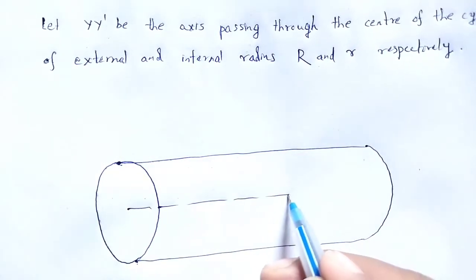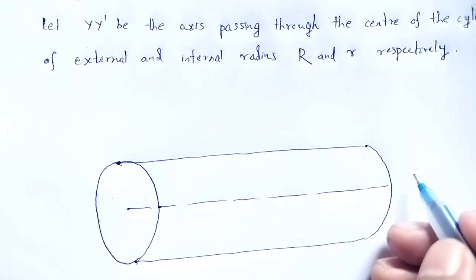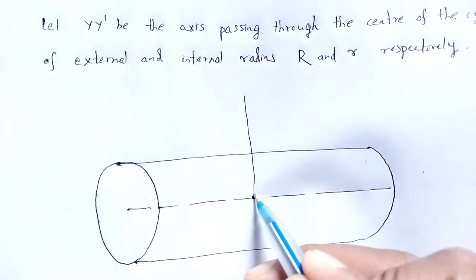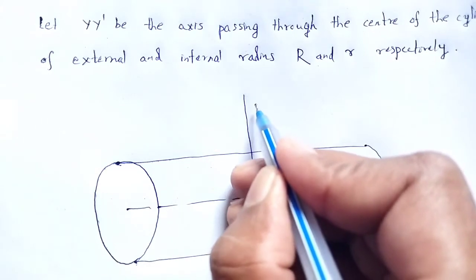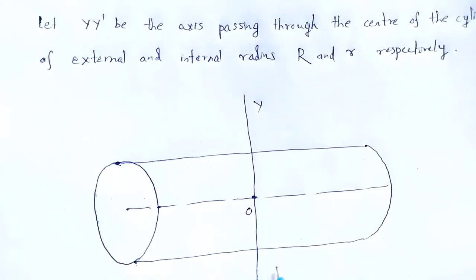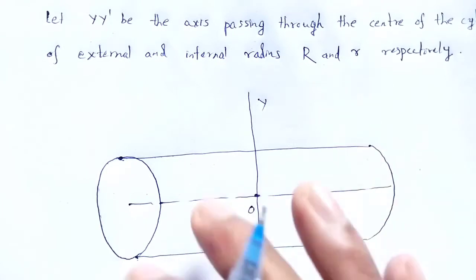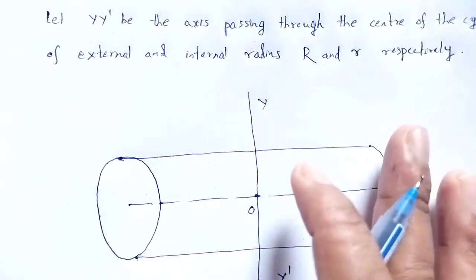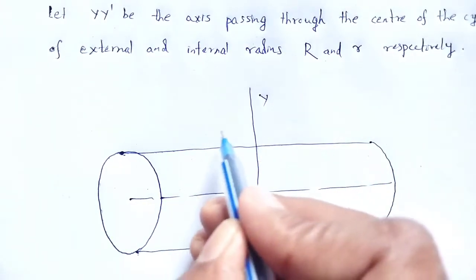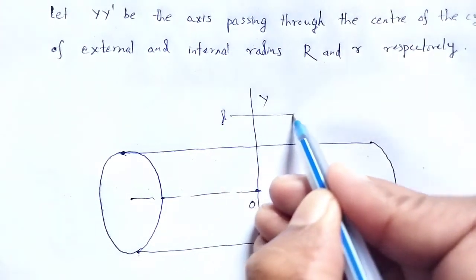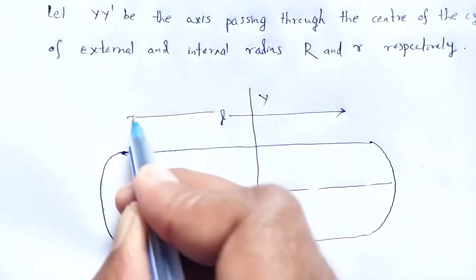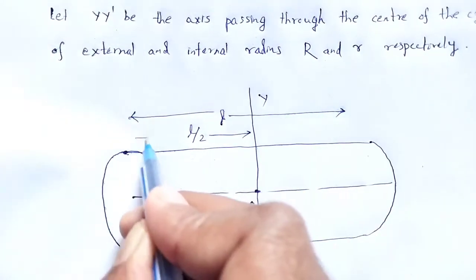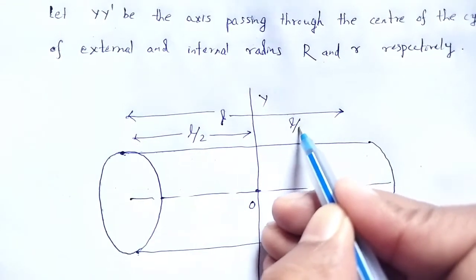This is the axis, that is y dash, about which we calculate the moment of inertia of the hollow cylinder. The entire length of the hollow cylinder is small l. This portion will be L by 2 and that portion is also L by 2.